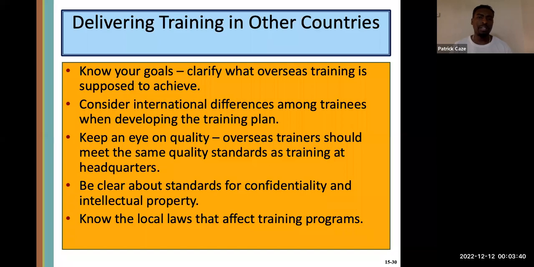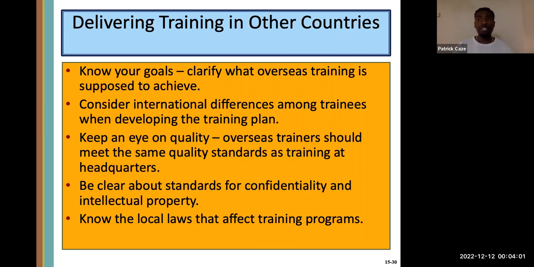You want to set the tone, let people know, hey, this is what we're trying to do. This is why you're here, and this is why we chose you. Consider international differences among trainees when developing a training plan.